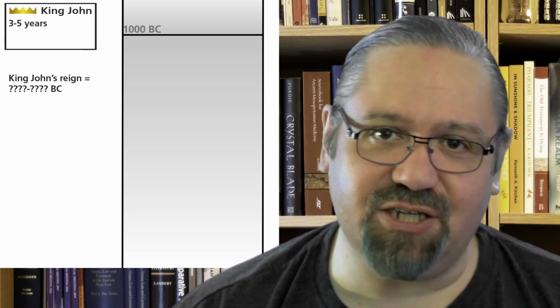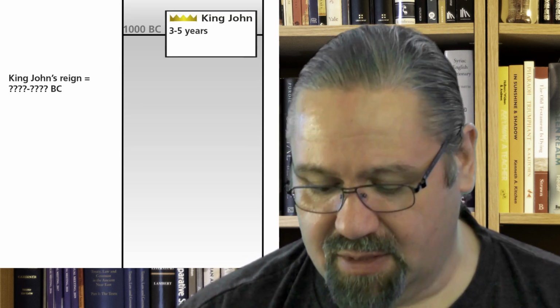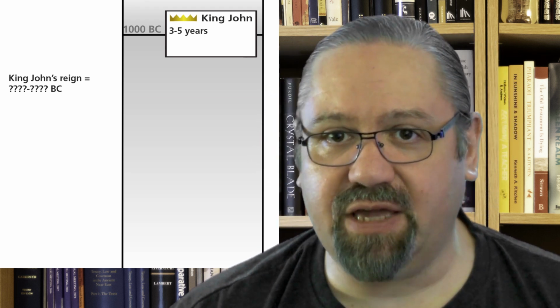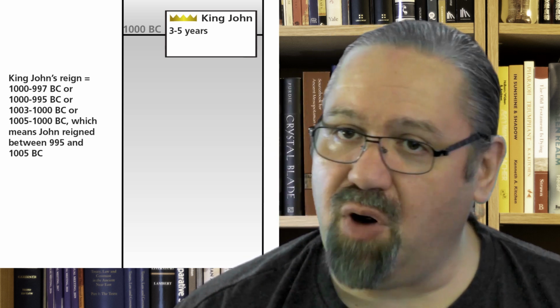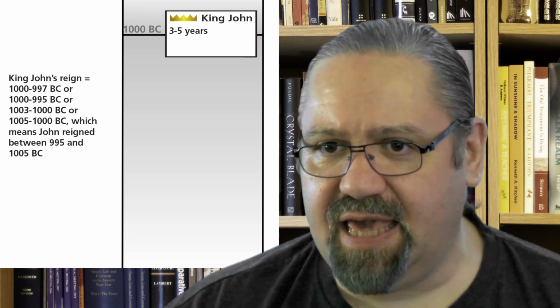So we take our fictitious King John and we say he reigned 3 to 5 years. And let's say he was alive in 1000 BC. When we calculate the possible dates for King John, we end up with 4 possible date ranges. Now, that's okay for one king. But what happens if we have a second king with ambiguous dating?